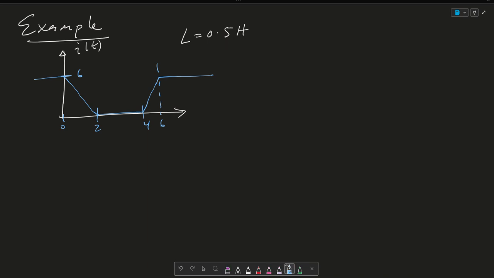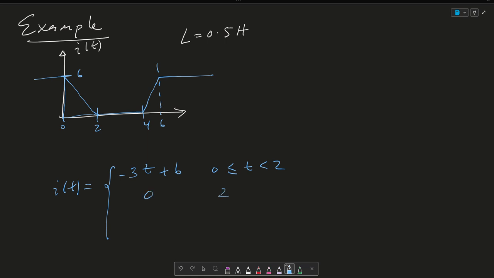So the first thing I'm going to do is write an equation for this current. i(t) equals, rise over run here. Rise is 6, run is 2. So this is minus 3t. The y-intercept is plus 6 from 0 to 2.